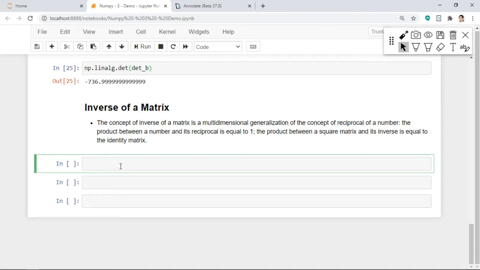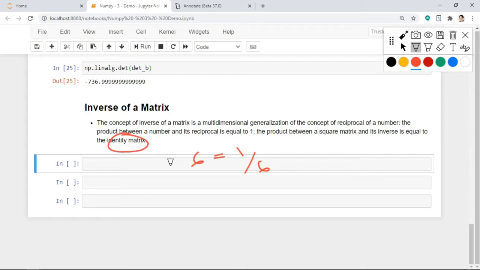If you recall, for example, we have a number 6. What is the reciprocal? 1 over 6. Matrix also has that concept: if you multiply the original by its inverse matrix, you will arrive at the identity matrix.